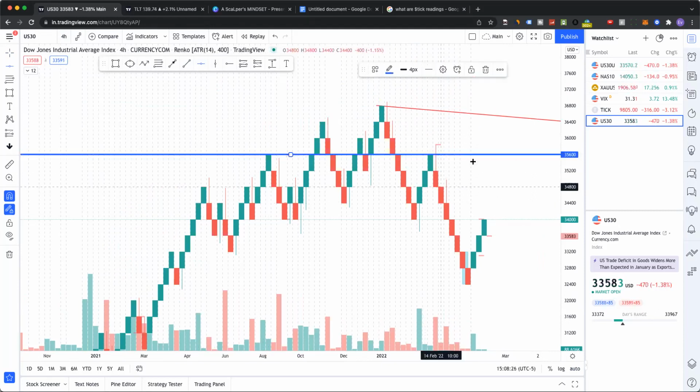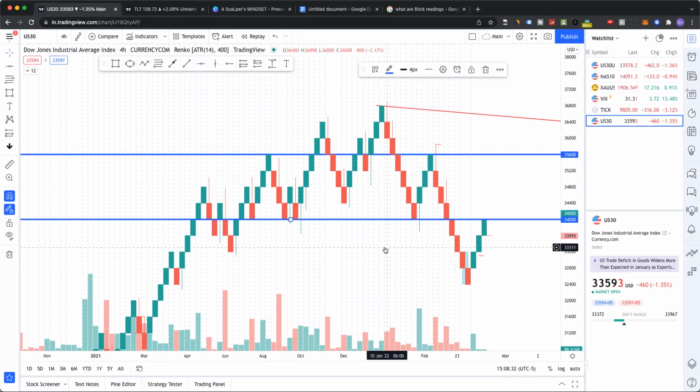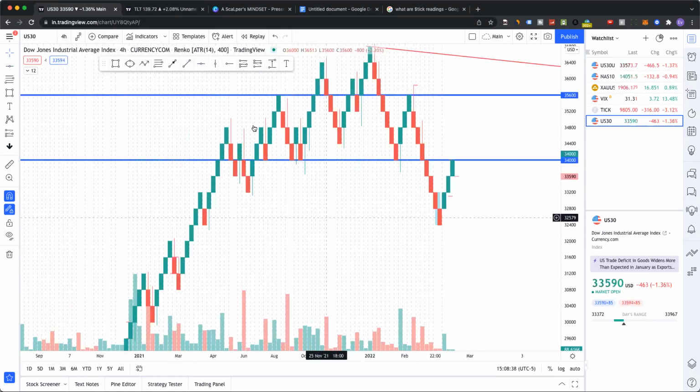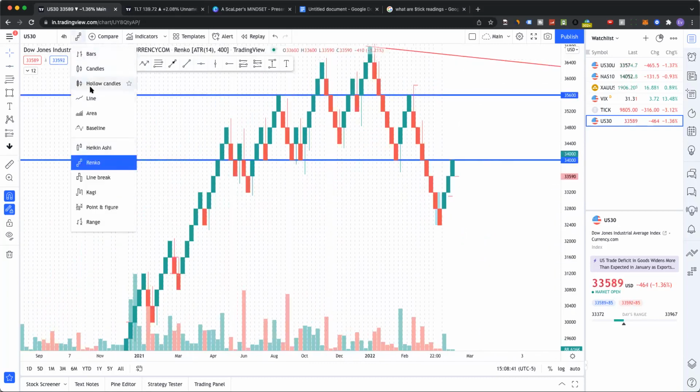We can see we have an area of resistance here, and an area of support here being tested right now. So we have a breakout pullback. I do this for H4 and H1 and daily. But daily is a little more difficult because you're not going to get as much data.